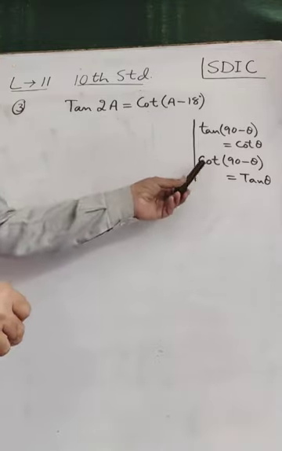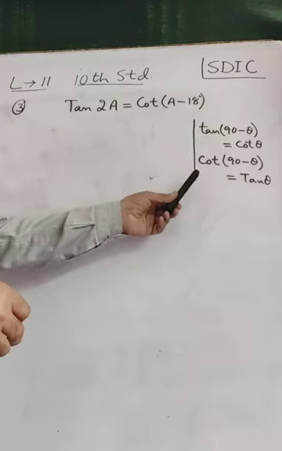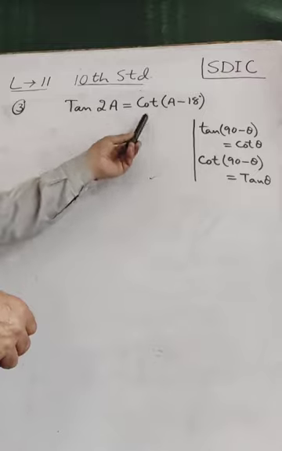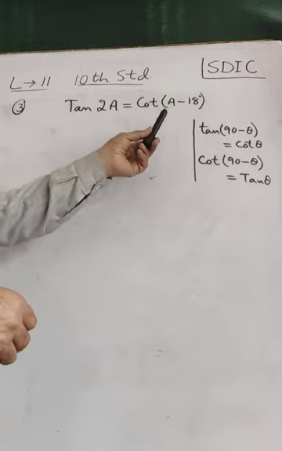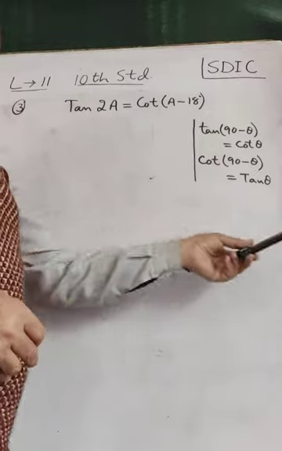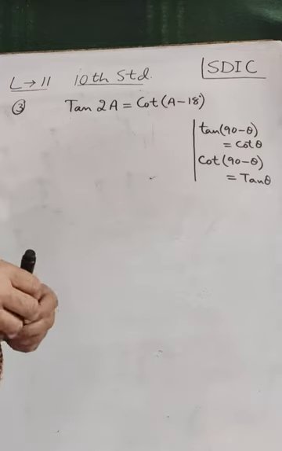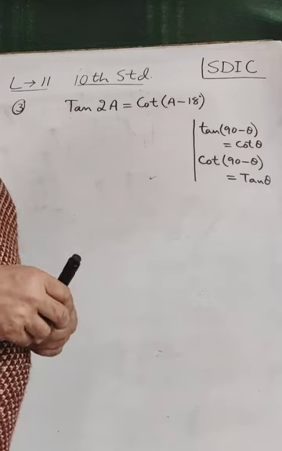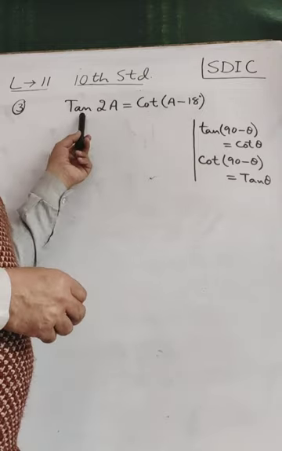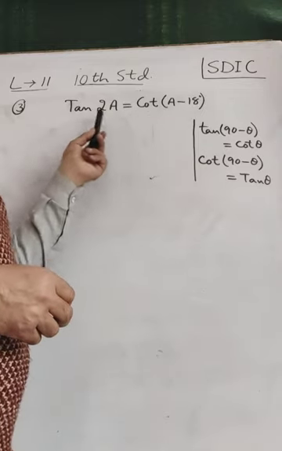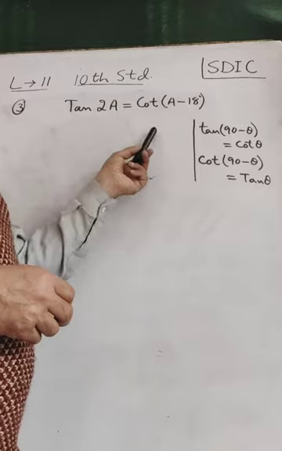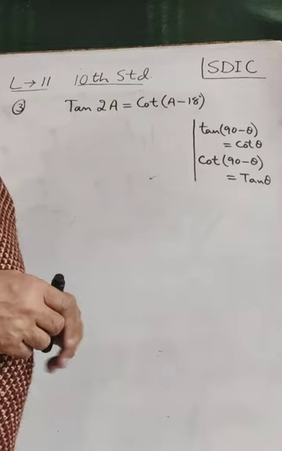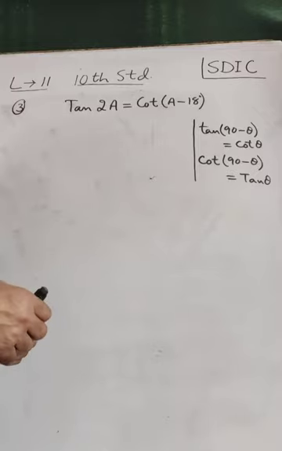This question involves a relation between tan and cot. So out of the 6 relations of trigonometric ratios of complementary angles, you have to choose the relations involving tan and cot, the ones which are involved in the question. As we find, there are two such. Out of these two, you have to choose one.